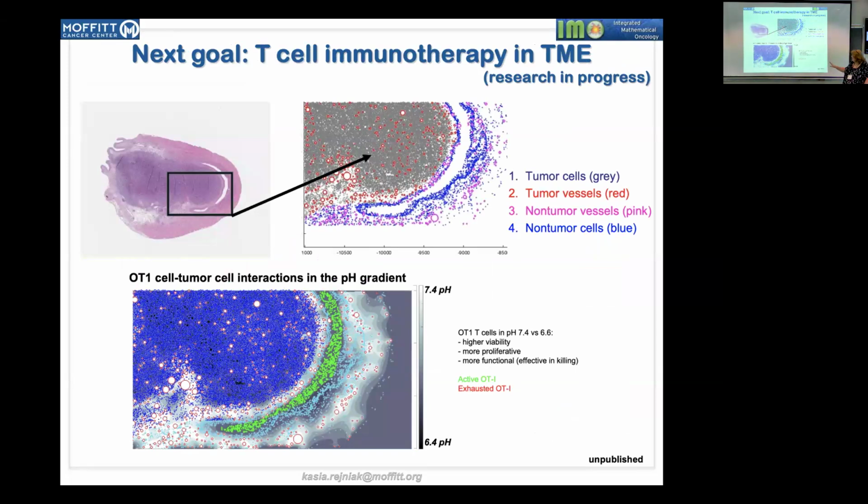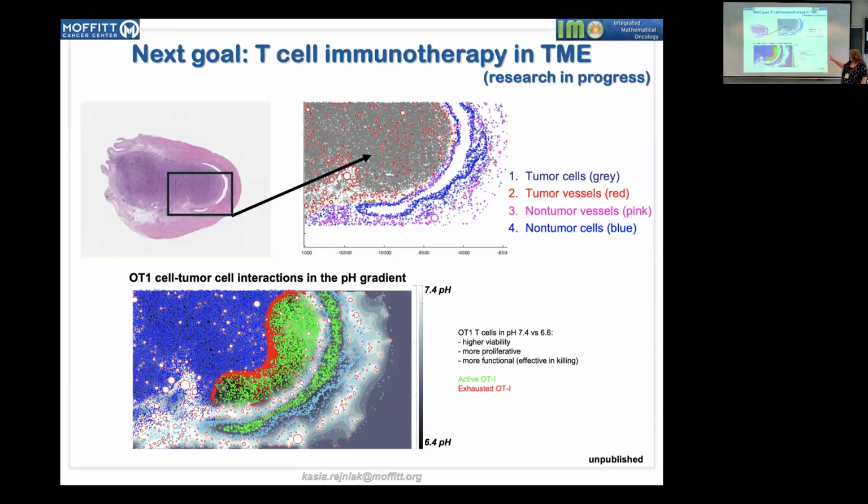And Jay actually created the acidity map in a similar way like Mori created the oxygenation map. And then he put 4 or 5 rounds of the T cells and created the simulations of how they enter the tumor and start killing the tumor. The green one is the active one, the red one the exhausted one.